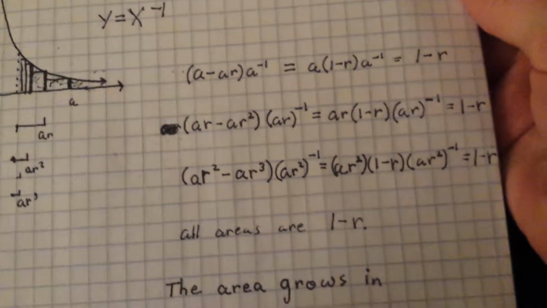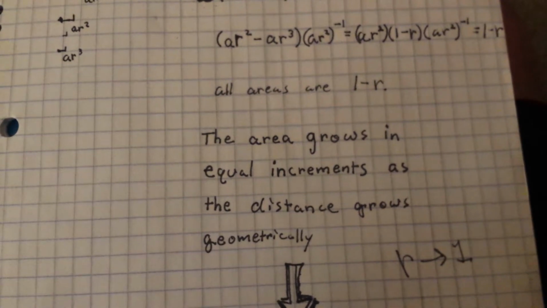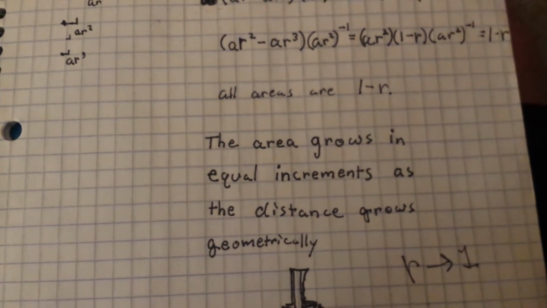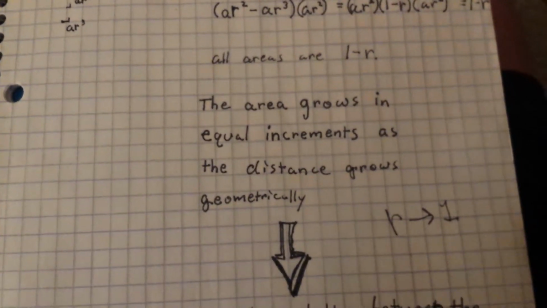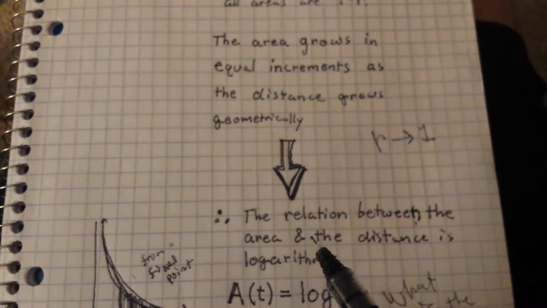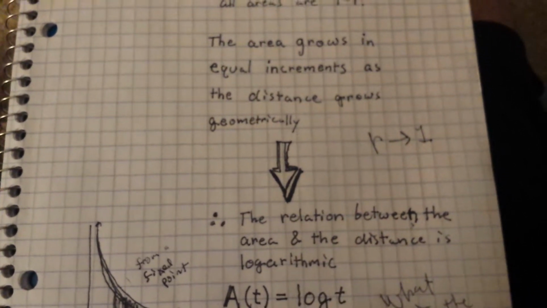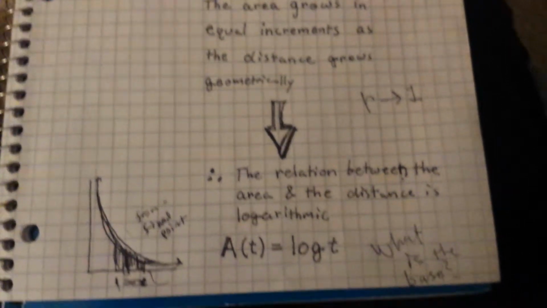And that means that the area of the hyperbola grows in equal increments as the distance grows geometrically. That is, the relation between the area and the distance is logarithmic.